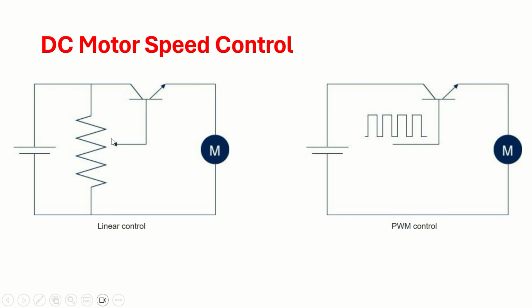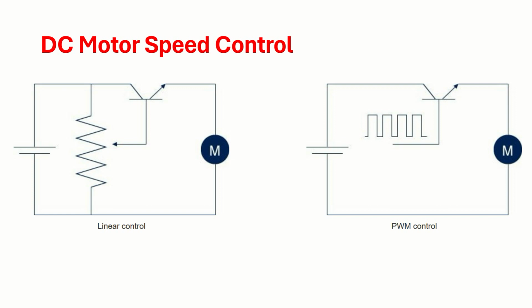The amount of current passing from collector to emitter is controlled by the base; the collector is connected to the power supply and the emitter to the motor. The base is controlled with the help of a variable resistor connected across the power supply. So by moving this knob, you are applying a variable DC across the motor, and that is how you are indirectly controlling the speed of the motor.